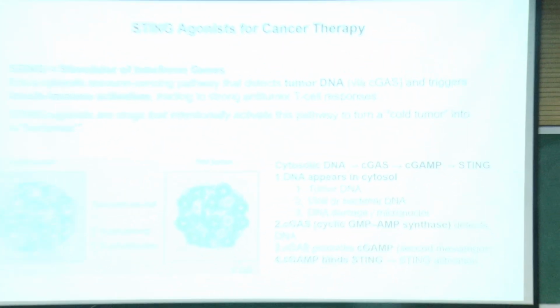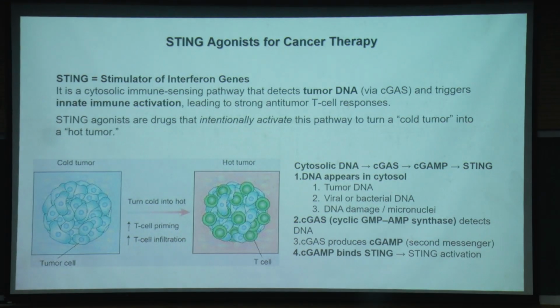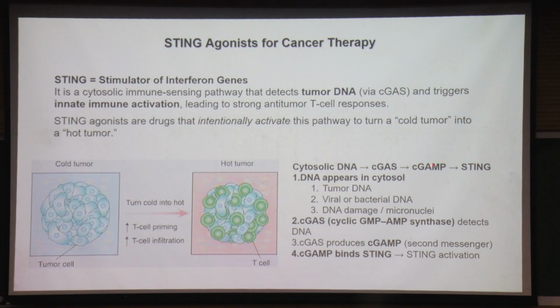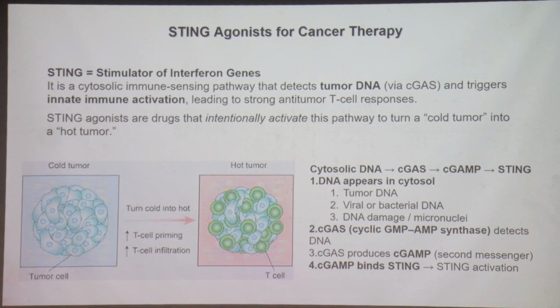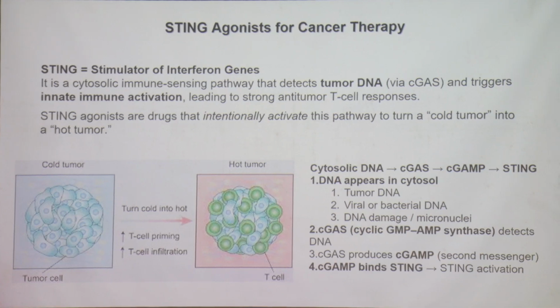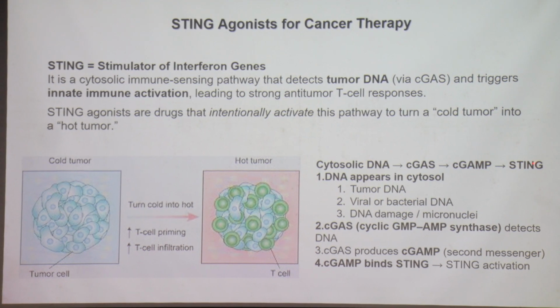Okay, so cytosolic DNA is sensed by cGAS. You guys know adenylyl cyclase, many of you know, right? So there is a similar cyclase which instead of forming cyclic AMP will form cyclic GMP-AMP. Okay, so cyclic GMP-AMP is formed, and this will activate STING.